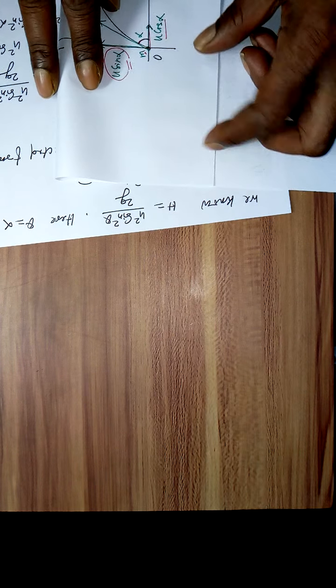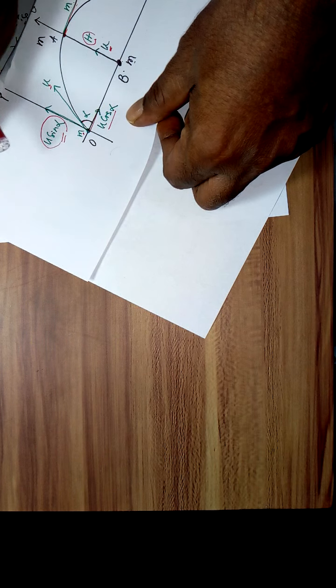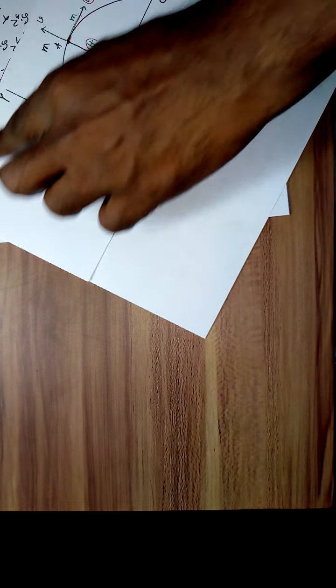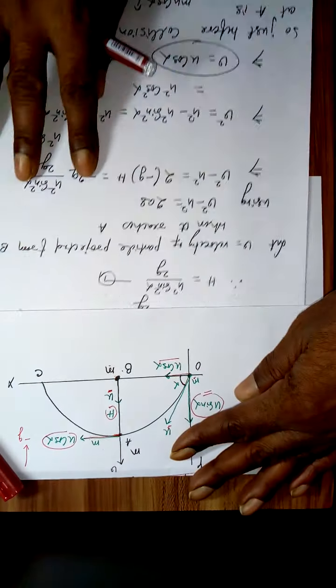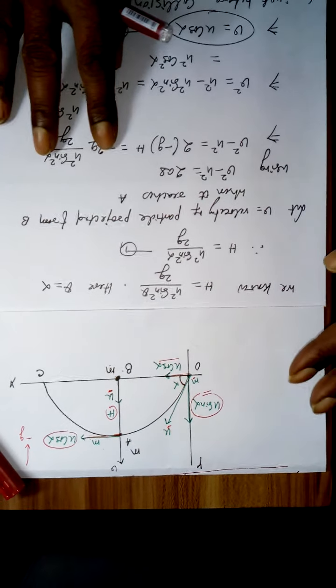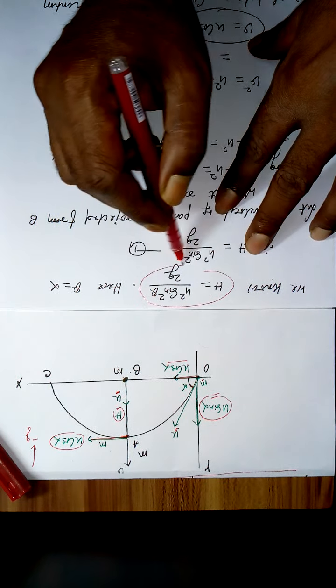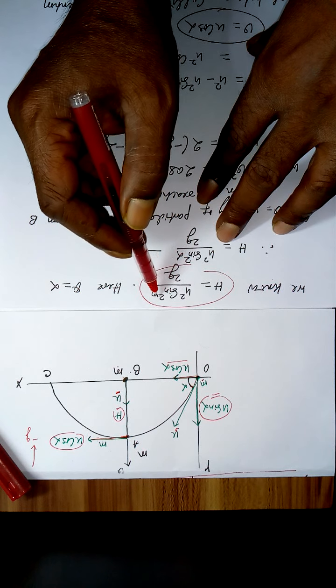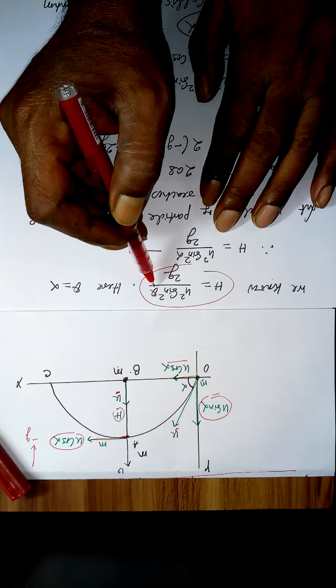Now what will be its velocity at A? Now look, we know this was the expression for maximum height, u square sine square theta over 2g, where theta was the angle made with the horizontal.